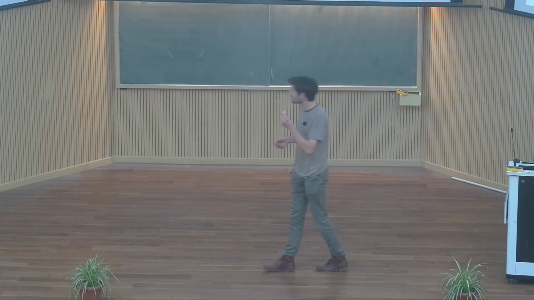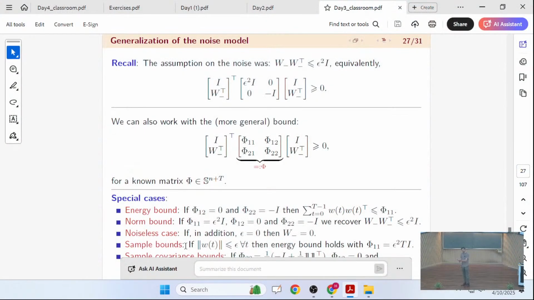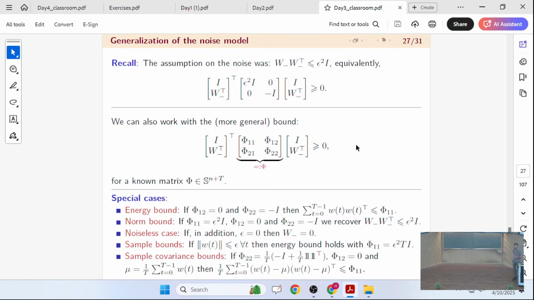In that case, I explained to you that that also implies an energy bound on the noise. Namely, I could take this particular matrix phi 1,1, and then the W minus matrix indeed satisfies this quadratic inequality. But the reverse statement does not hold.